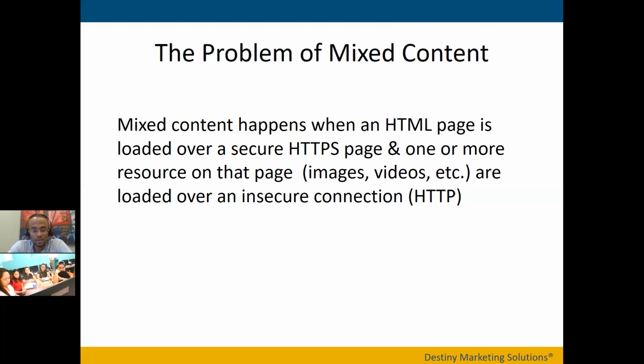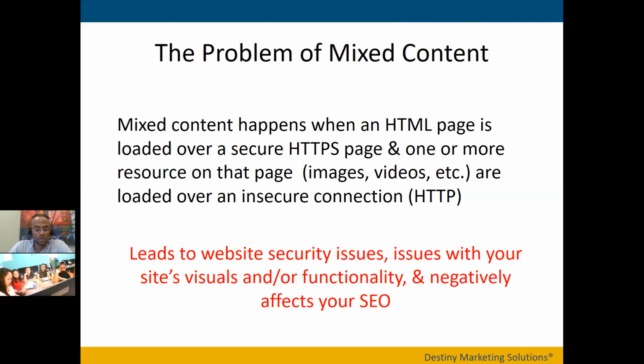Basically, you have a secure website, but it links out to another website that isn't secure. That's an issue, right? Because it's still a vulnerability for your website. It still makes your website vulnerable to hackers, even though you are using HTTPS on your website. And it can cause issues with your site's visuals and functionality.